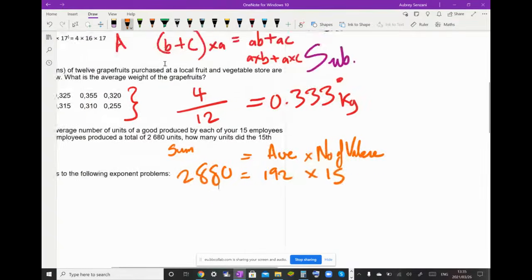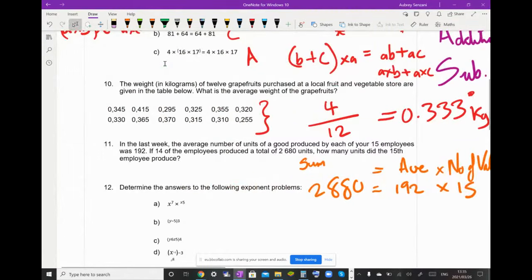So if we want to know what the 15th employee did, here they've told us if 14 employees produced a total of 2,600, how many units did the 15th employee produce? Once again, he's right. He was saying that we then deduct that. So 2,680 minus 2,880.